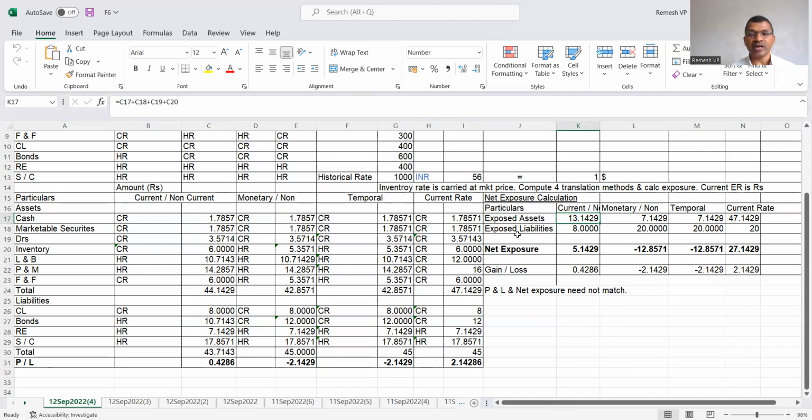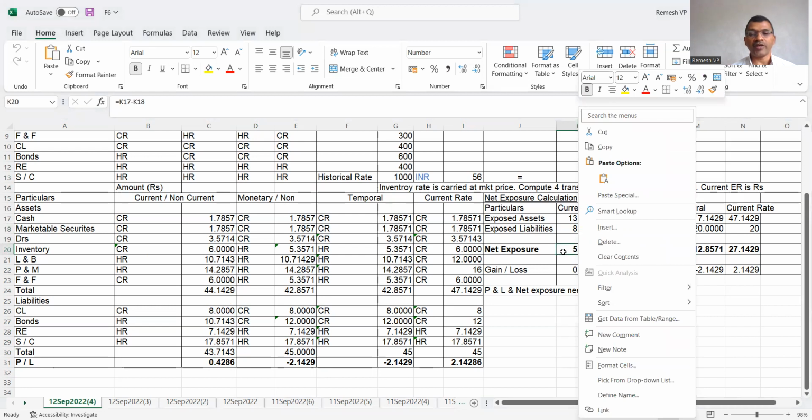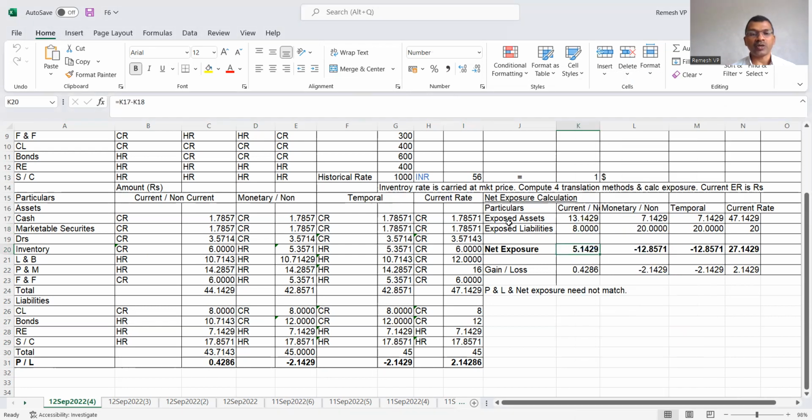Similarly, exposed liabilities is the total of the liabilities calculated as per the current rates. When we find the difference between these two, that gives us the net exposure. Here we are calculating the net exposure based on the values received at current exchange rates only. We are not taking any conversions carried out at the historical rates.